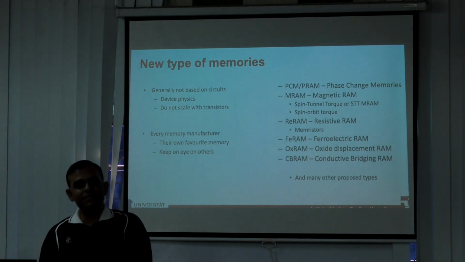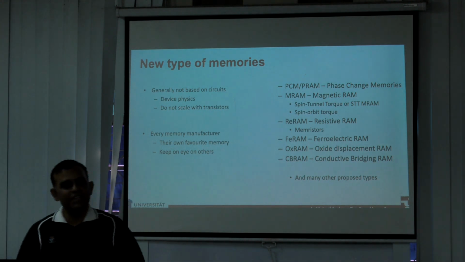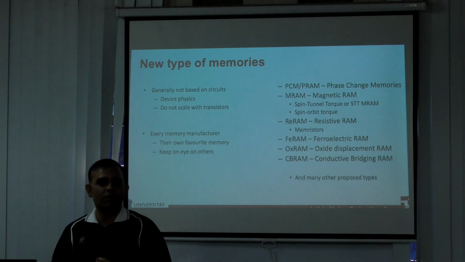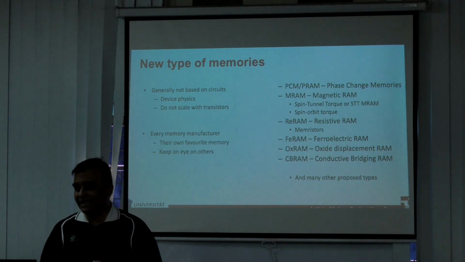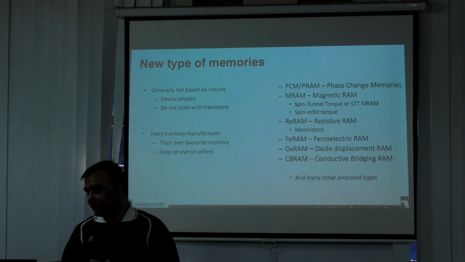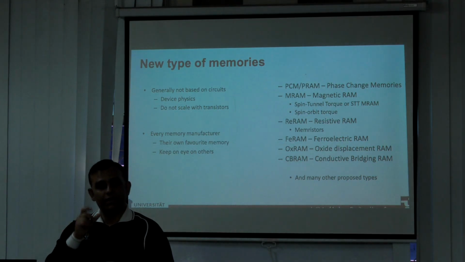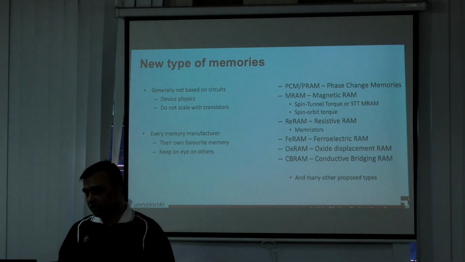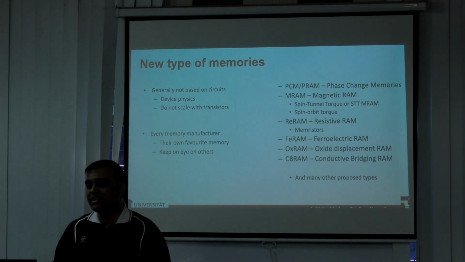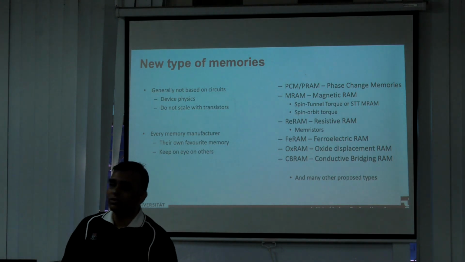So there are a number of memories, and these are the words you will hear quite a lot. There are phase change memories, which change their phase, and phase could be resistance or optical condition based on applied heat. There is magnetic memory, where you use the spin and orbit of magnetons or the torque in the tunnel. You have resistive memories whose resistance changes by applying a voltage or heat or giving energy.